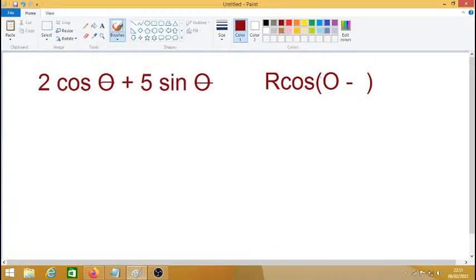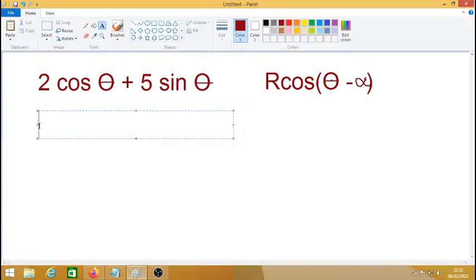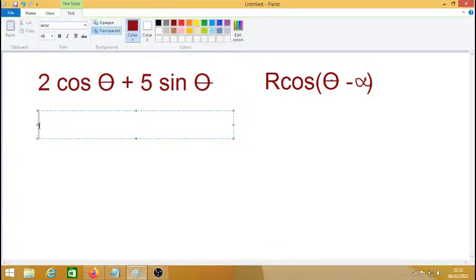We figured out how to rewrite the long version of the cos A minus B formula and compare that, and we ended up with the answer that we can write this whole expression in a much shorter form, which is square root of 29, that was the R, multiplied by cos theta minus 68.2 degrees.